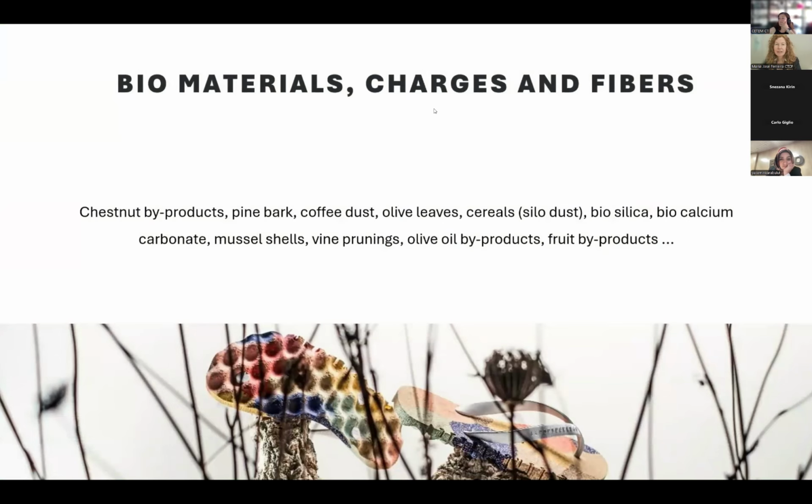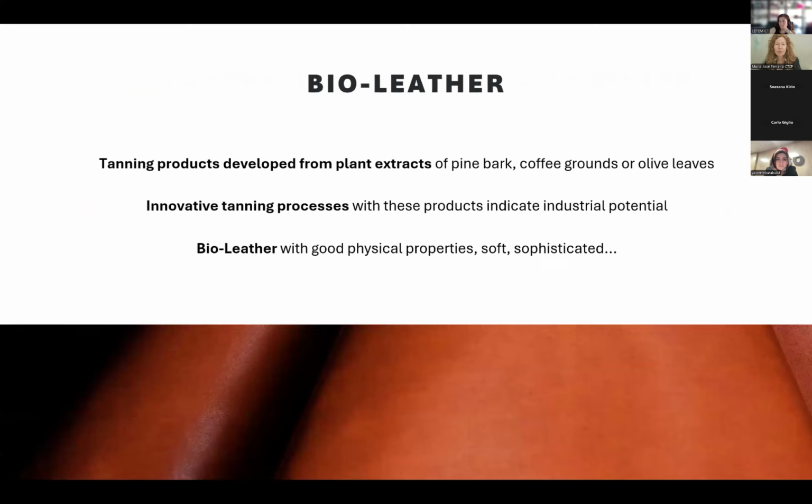First, regarding the industrial symbiosis at the level of biomaterials, charges, and fibers, we identify a big set. We studied 22 materials, including the ones that you see here. We try to see if they could be used directly or what kind of physical chemical preparation they need, even to extract some chemicals that are relevant, and if they are in quantities necessary to produce our products and with a sustainable value chain.